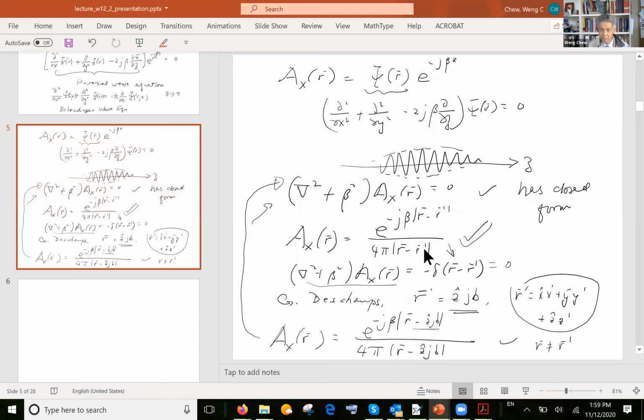But if r prime is kept to be an imaginary number, the right-hand side is never going to have a singularity. Neither would this solution that you have plugged in here, and it will always satisfy the Helmholtz wave equation without a source point.